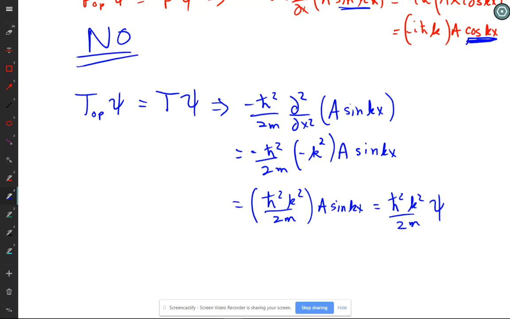And what's the eigenvalue for this state? What is the observable energy? Yes. I just want to make sure that we're making that connection, that there is the kinetic energy.